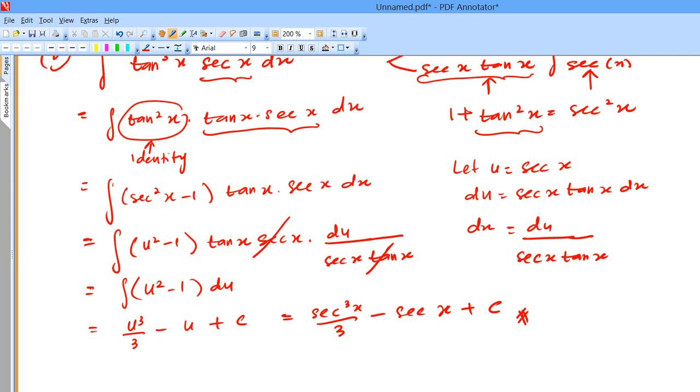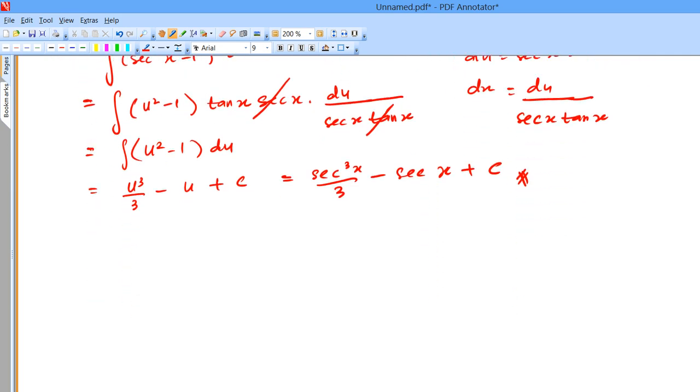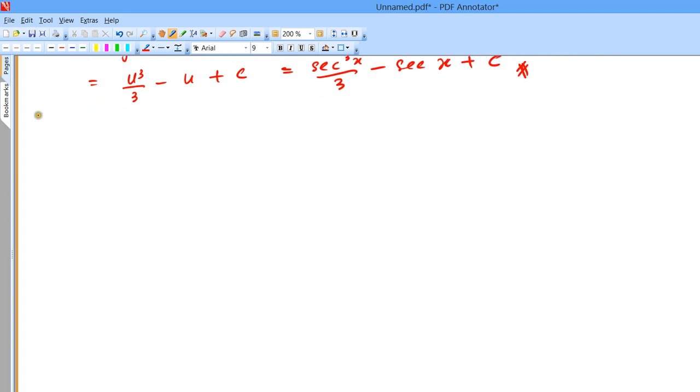And last example, 5. Integrate e power of negative x secant square of 5 minus e power of negative x dx.